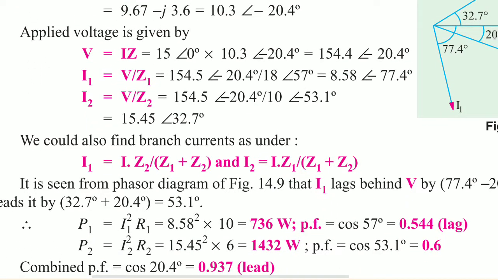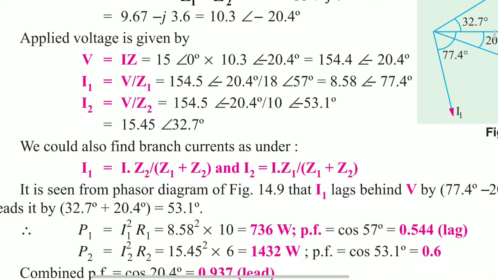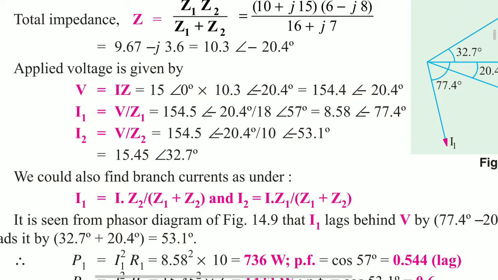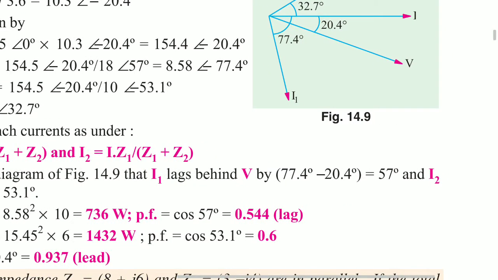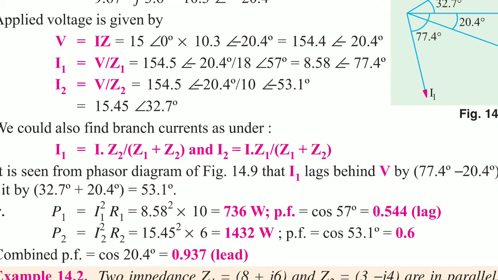So now I1 and I2 are determined. We can also find the branch currents as under. That means here is another method to determine I1 and I2.